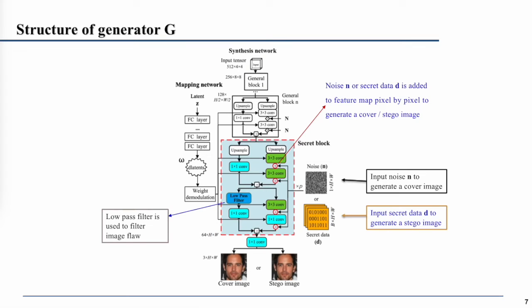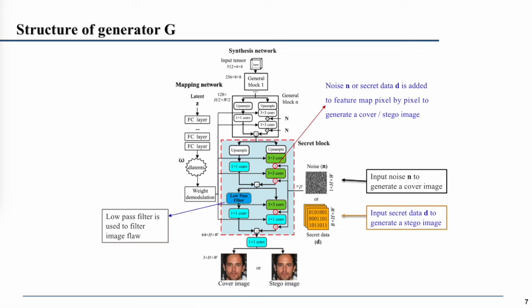We can see the structure of generator G, which contains several general blocks and a newly designed secret block. The function of the secret block lies on two aspects. 1. It enables the generator to synthesize cover or stego images when noise or secret data is input. 2.